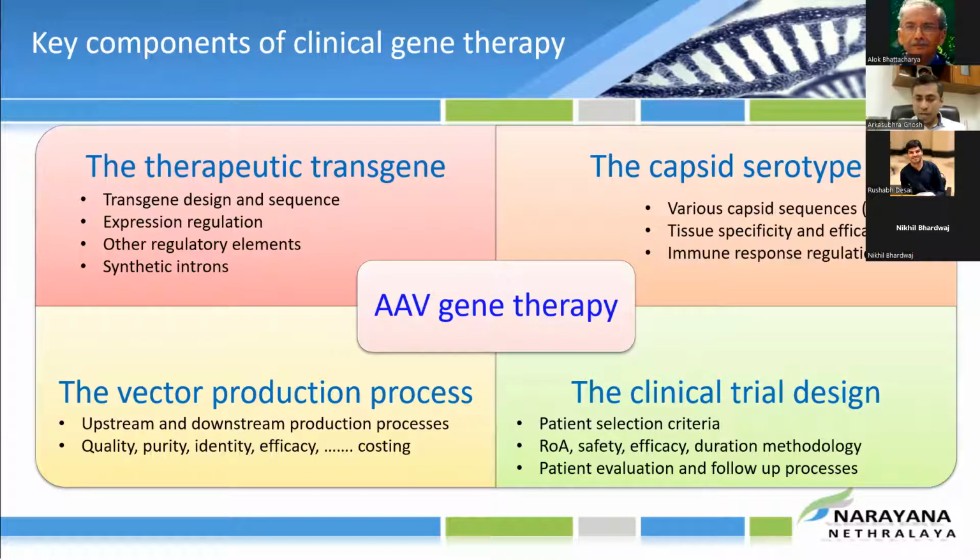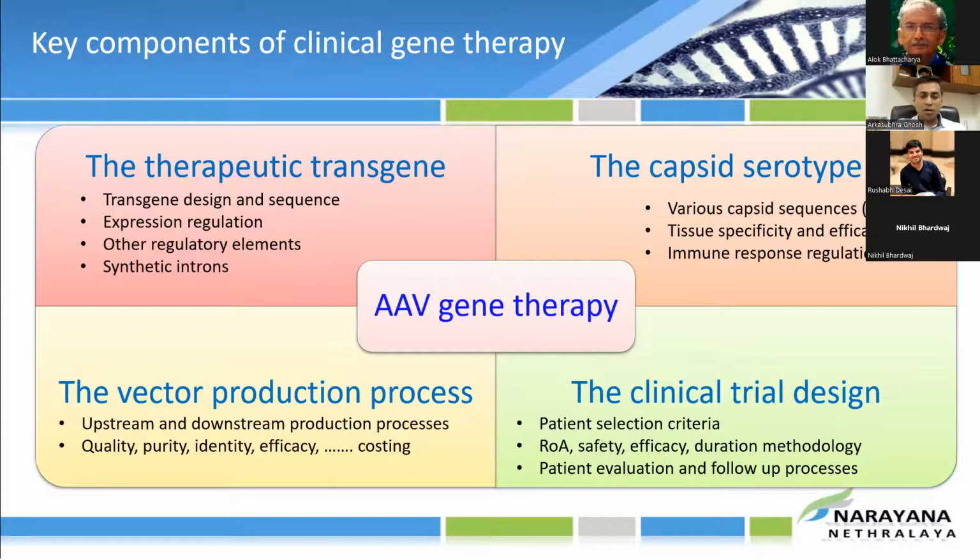So patient selection criteria, the route of administration, the safety, efficacy, and all of these methodological things have to be designed with utmost care, and also the patient evaluation and follow-up process to evaluate efficacy.